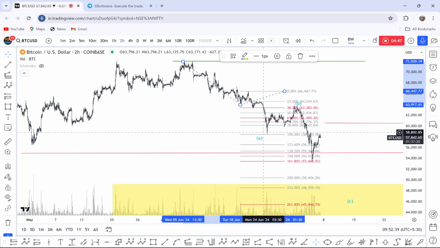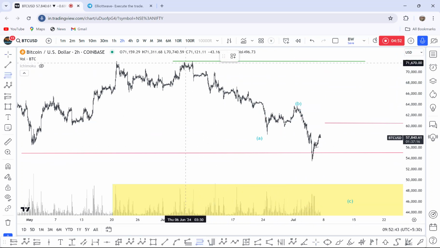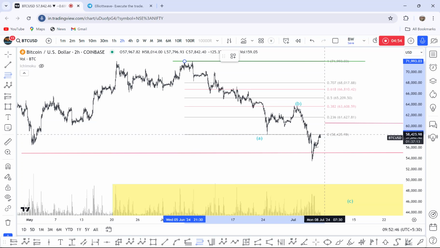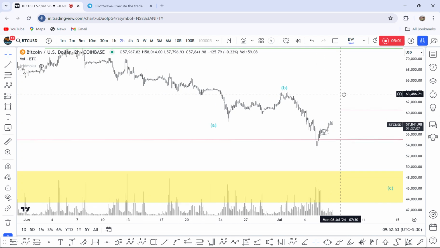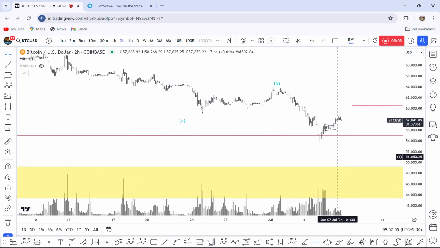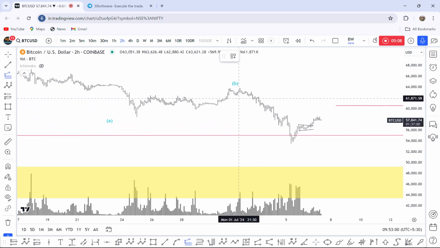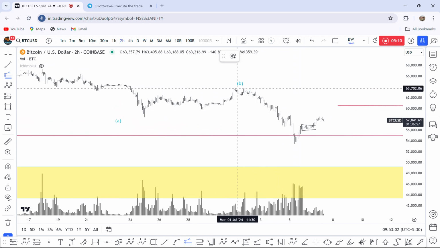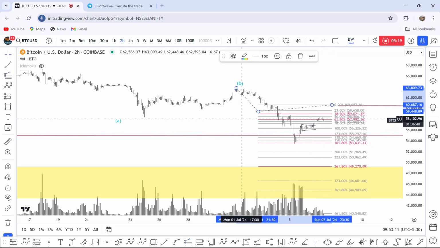If we consider this one is the A wave, and the retracement of the A wave is exactly 38.2 percent, and this one is the C wave. Let's check the C wave. If I can see, this one is one wave, second wave.